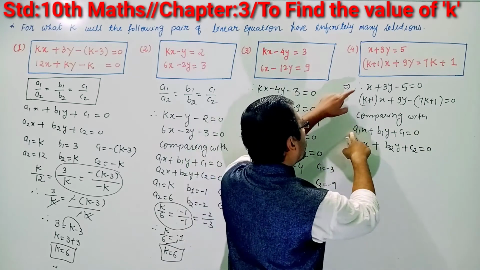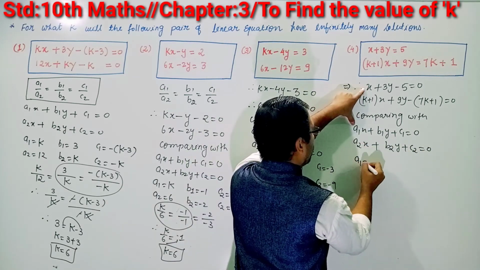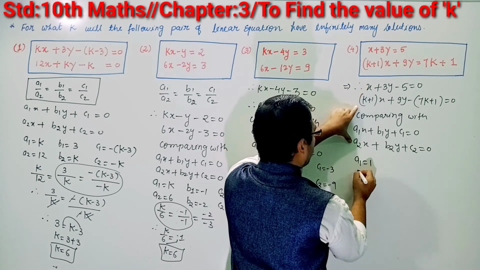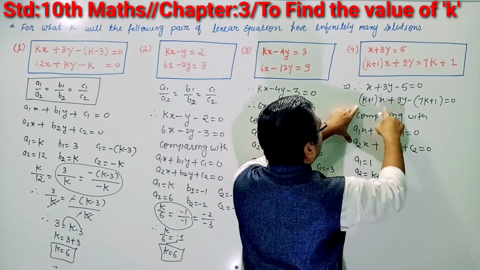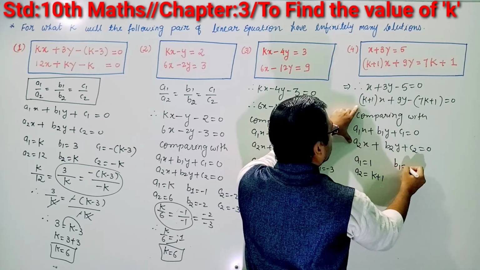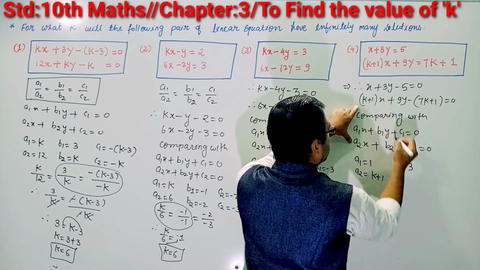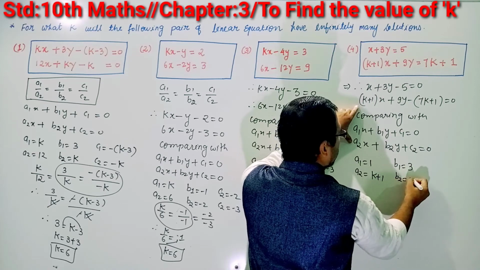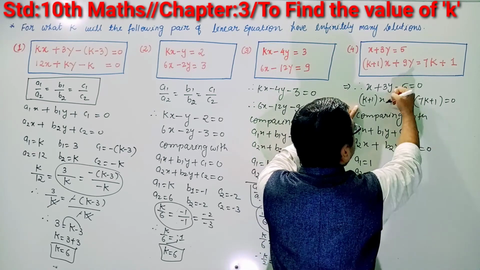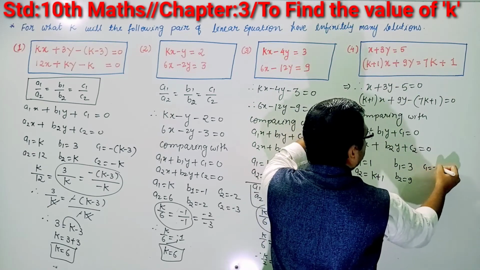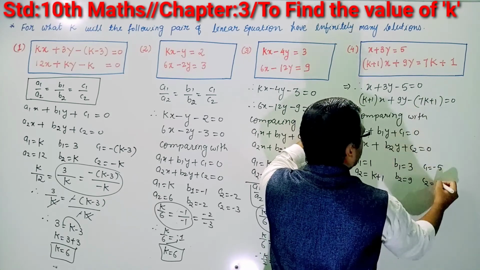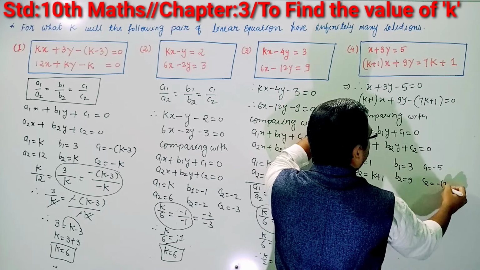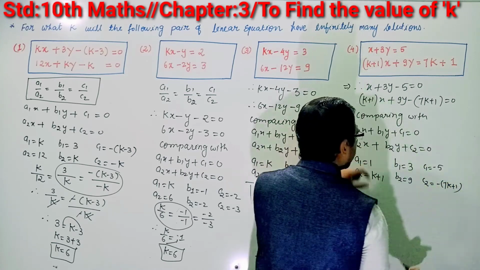Now the value of a1 is 1, value of a2 is k plus 1, value of b1 is 3 and b2 is 9, value of c1 is minus 5 and the value of c2 is minus (7k plus 1).